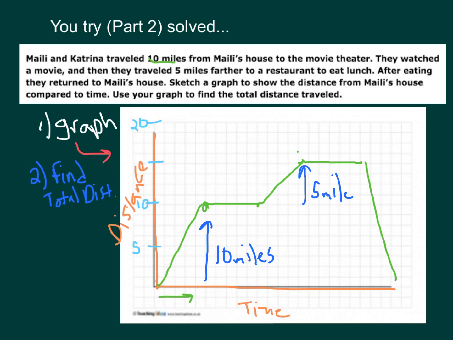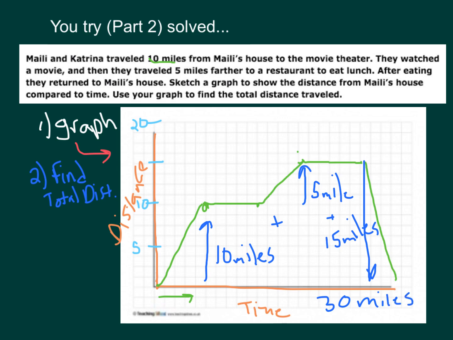Okay. And after, they traveled a whole 15 miles back to Miley's house. So, if we add up all of our distances, we get 30 miles as the total distance that Miley and Katrina walked in a day.